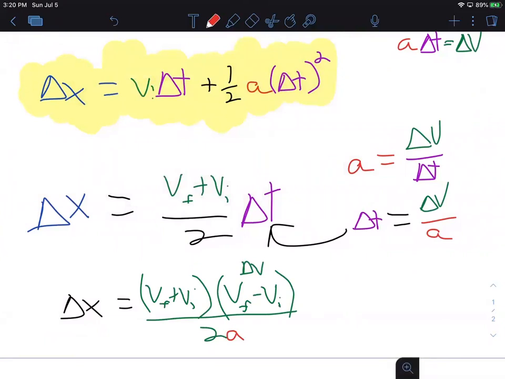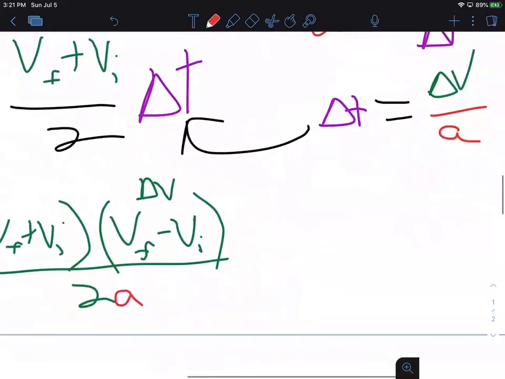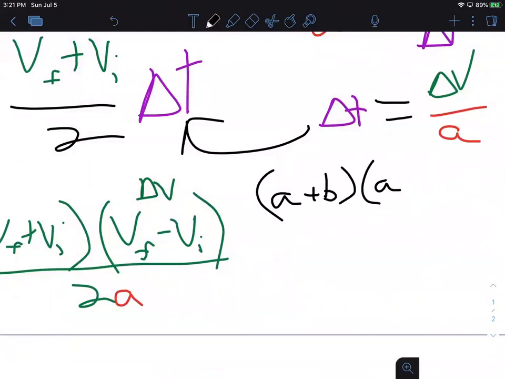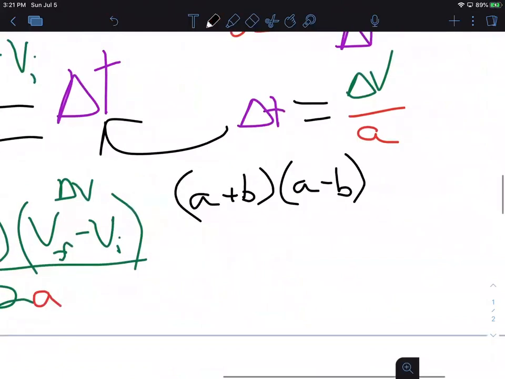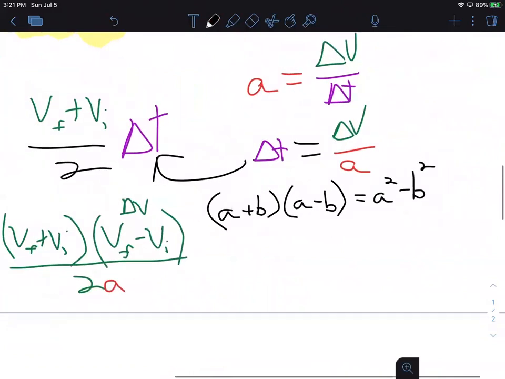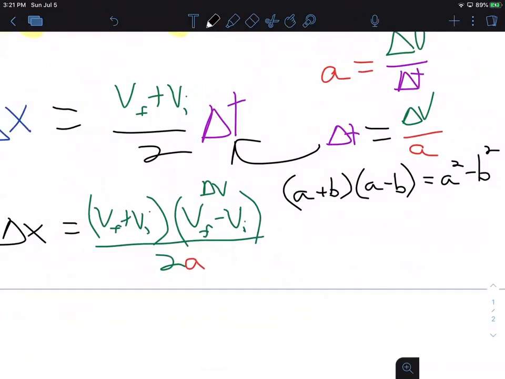Okay, now this looks kind of messy. All right, we got VF plus, VF minus, but if we remember our mathematics, we know that A plus B times A minus B is A squared minus B squared. That's a mathematic identity you're hopefully familiar with or have seen sometime in the past.